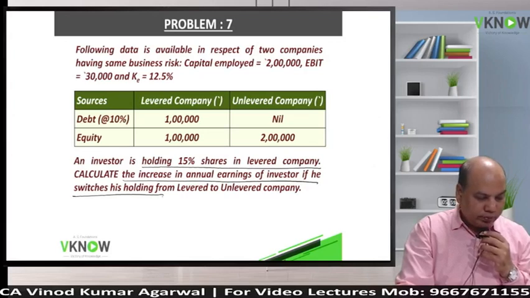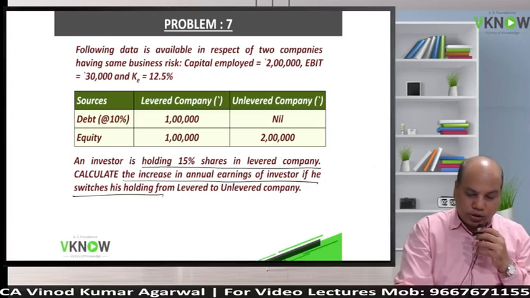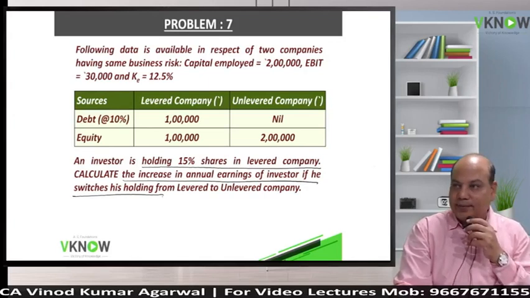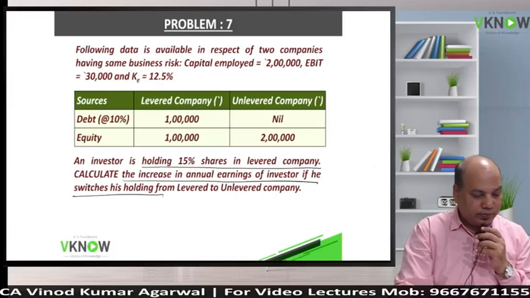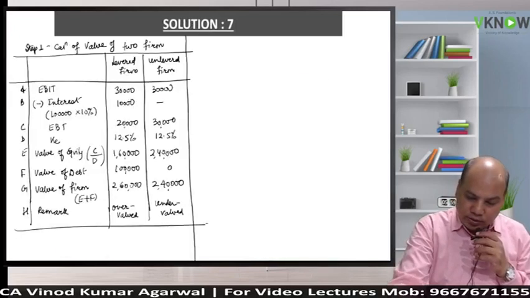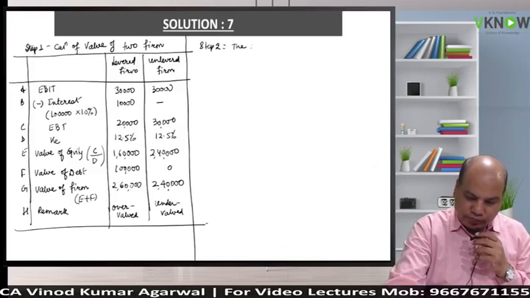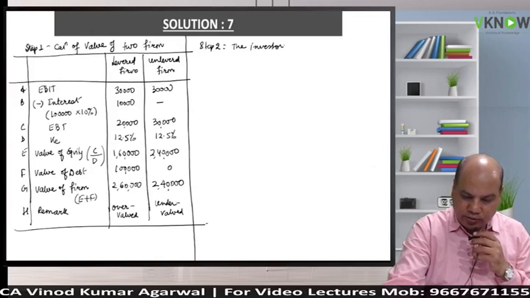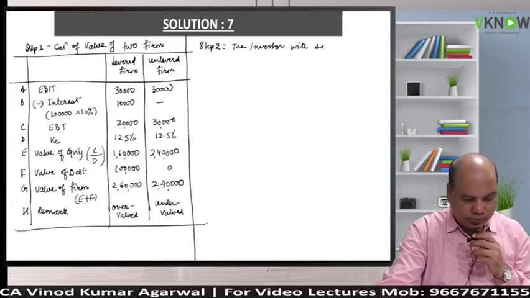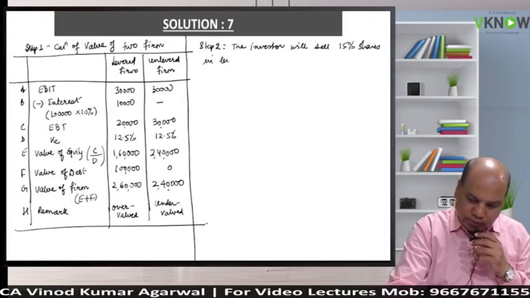So write down step number 2. The investor will sell 15% shares in the levered company.